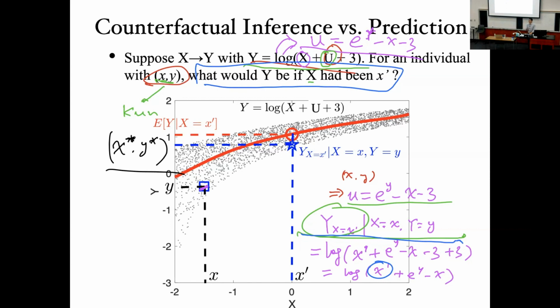Then this is a different person. I have to use x star, y star to replace x, y right here. Because for this new value, even if x is different but y is the same, it is still a different person. You have to infer the information of u from this new value of x, y, corresponding to a new subject.